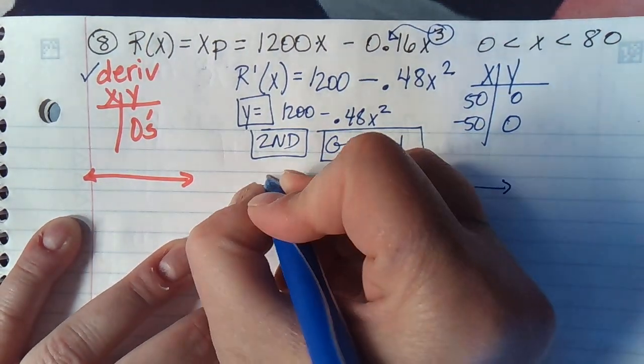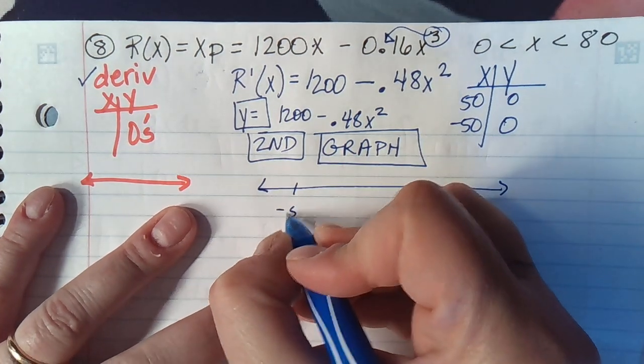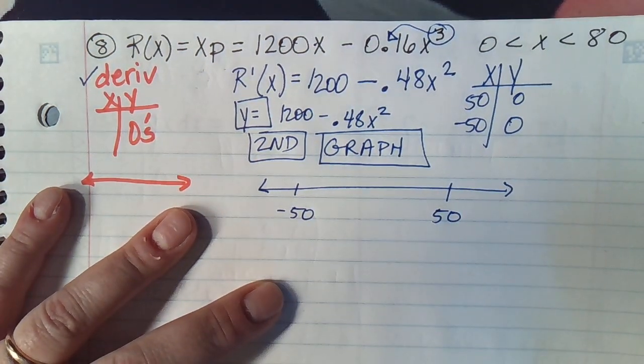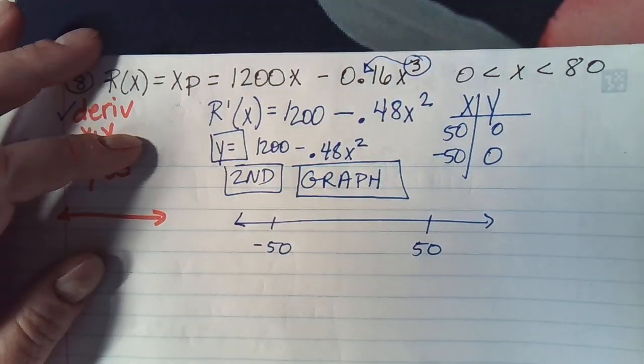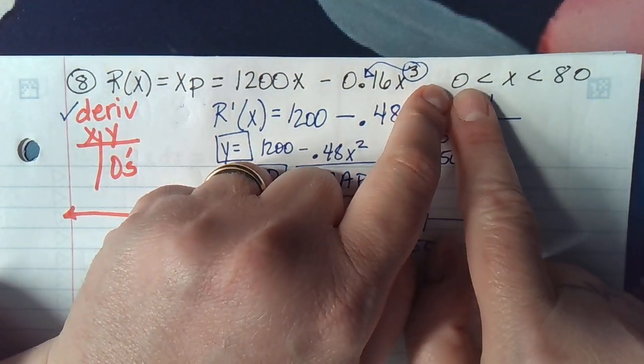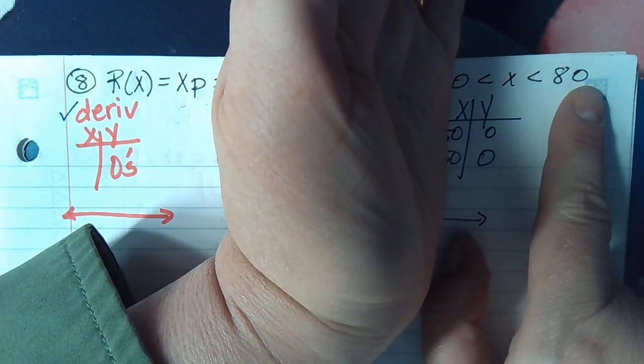Number line. Okay, negative 50 is on the left. Positive 50 is on the right. Okay, but then this problem specifically said we're only looking at the part of the number line from 0 to 80.